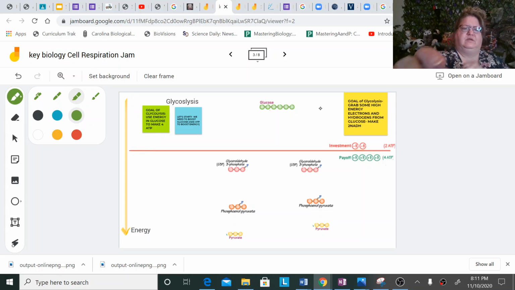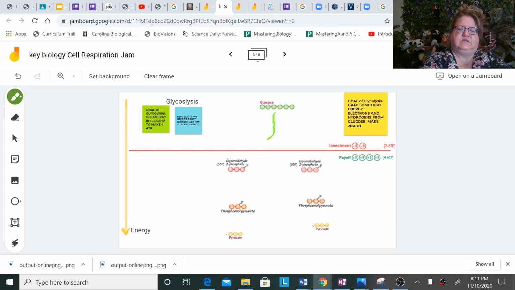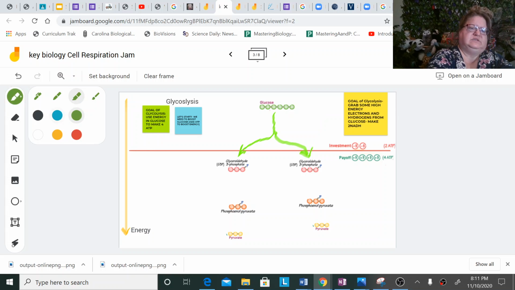I'm going to use my highlighter. Now, the first thing we can do with glucose, and this takes actually 4 or 5 steps, but we're going to take glucose and we're going to split it apart. And notice we split it apart into 2 3-carbon molecules. Now, the way we do that is we need to add 2 ATPs.